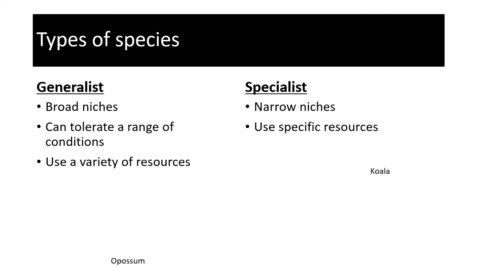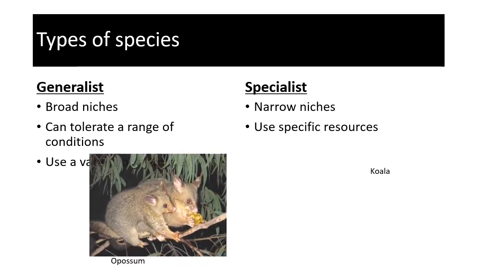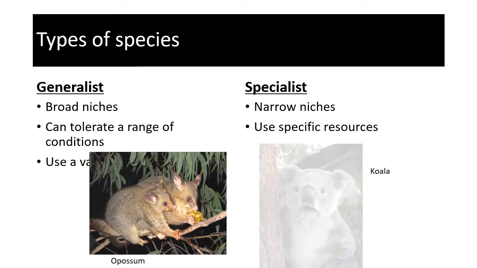They are a bear, so the thing they should be eating is meats and fruits. And they will go out of their way to eat the bamboo versus eating the fruit. So their resources become narrow because they want to eat that bamboo more than anything, which makes them a specialist. So here's a possum, and here's a koala.